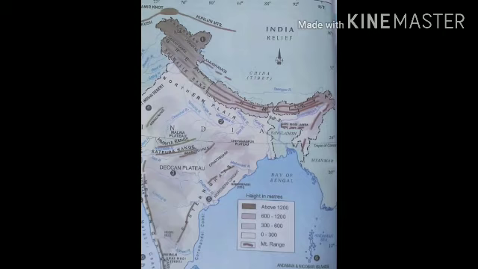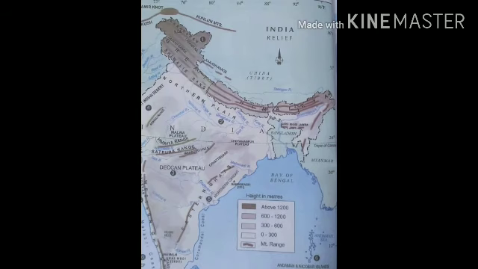Now the Himalaya consists of three parallel ranges in the longitudinal extent. A number of valleys lie between these ranges. The northernmost range is known as Great or Inner Himalayas or Himadri. Now keep in mind, we are studying Himalaya from north to south.